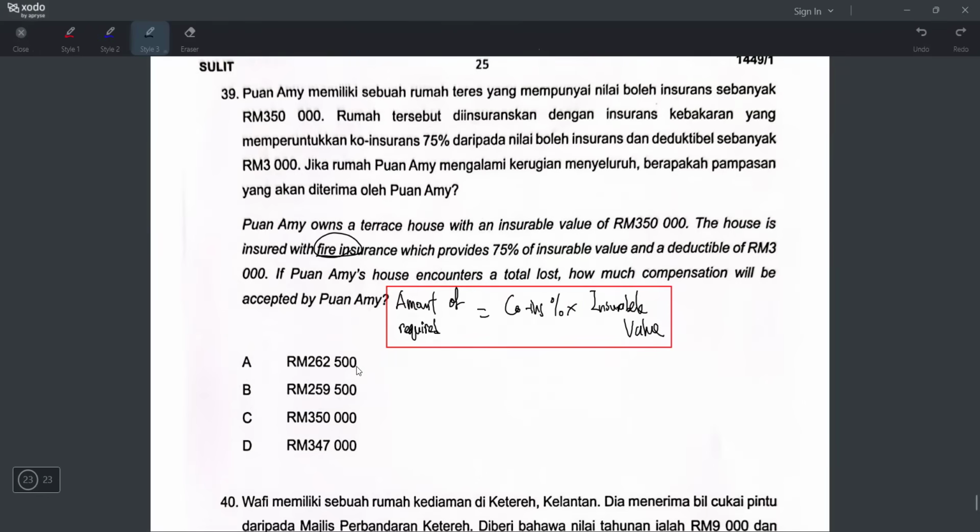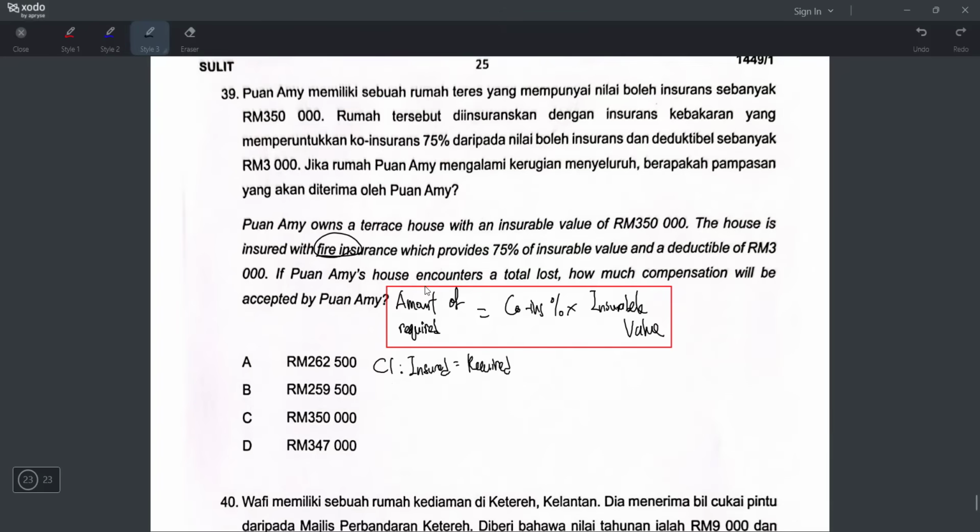After you do this formula, you check whether it's case one, case two, or case three. Okay, what is case one? Case one is when your insured value is equal to the required value.